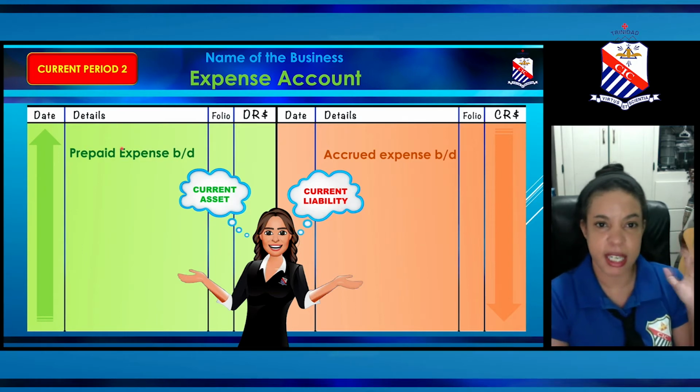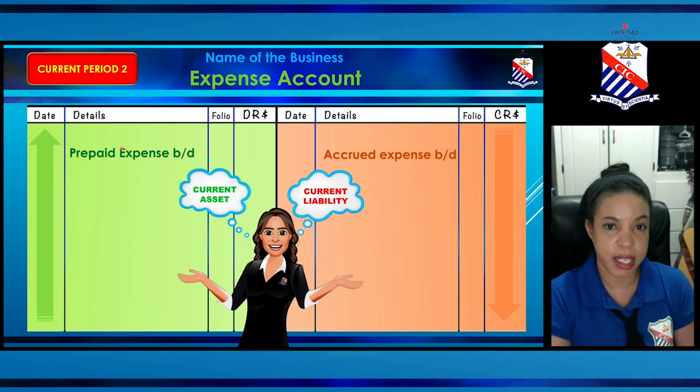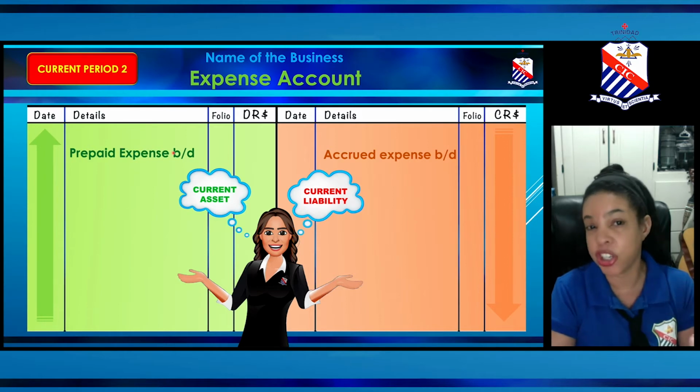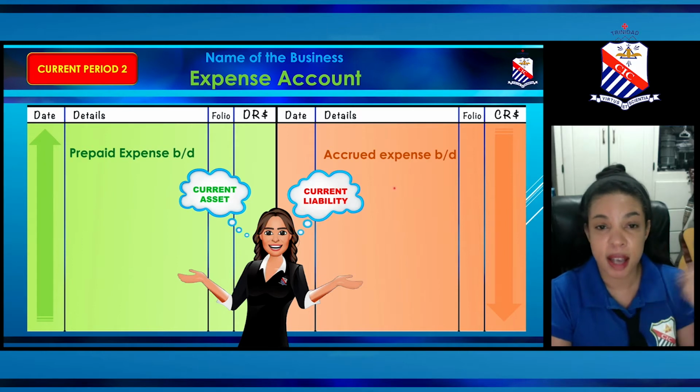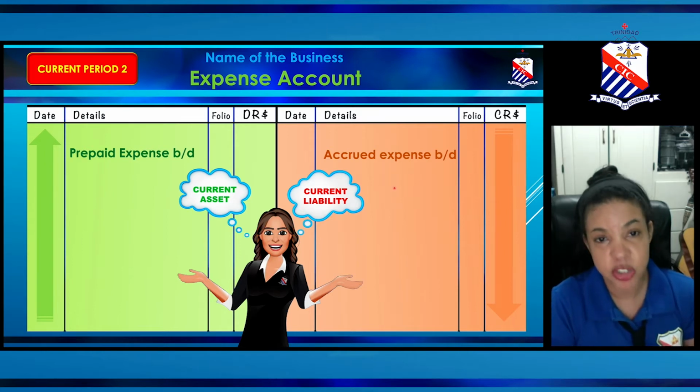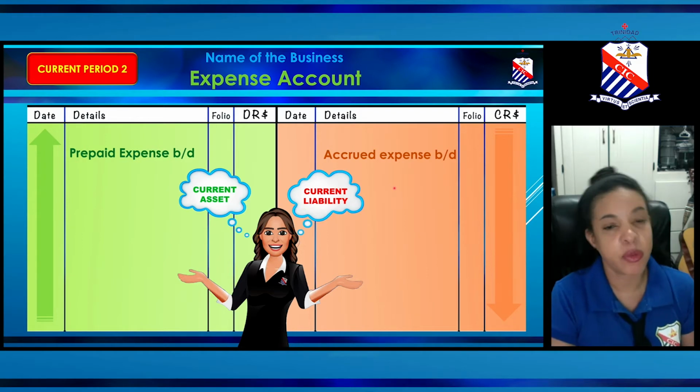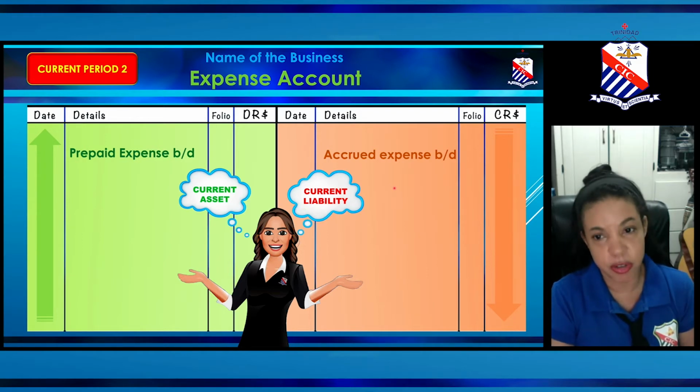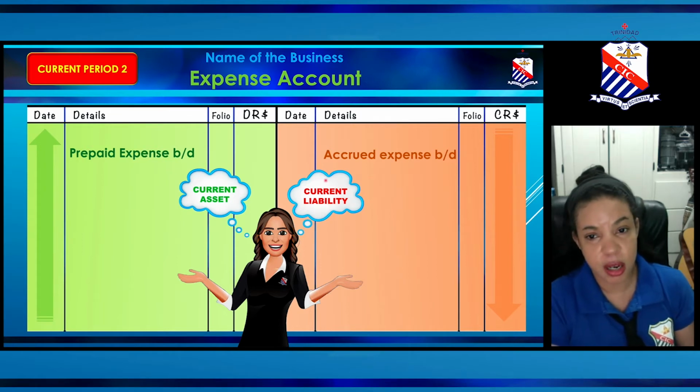So we start off with a nice asset of prepaid expenses that are going to be incurred in this period. Same thing here. In the last period, it was incurred, but it had not been paid as yet. So that means it was a liability, and we start off the next period with it as a liability. So these are our opening balances.